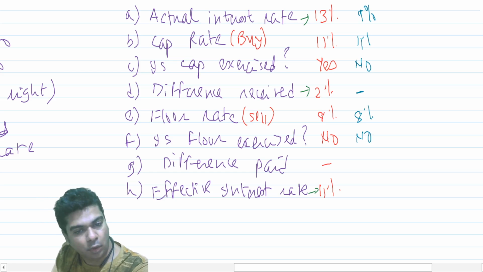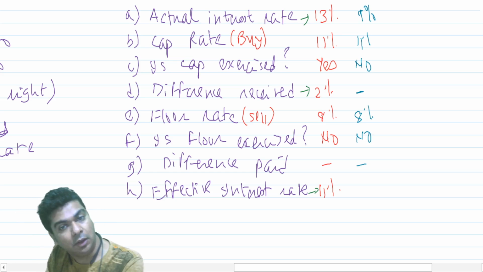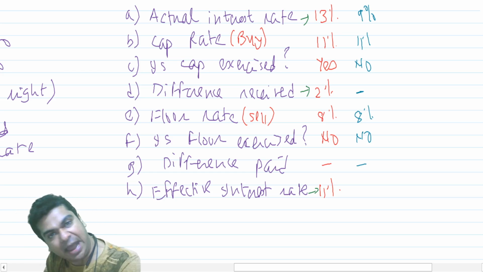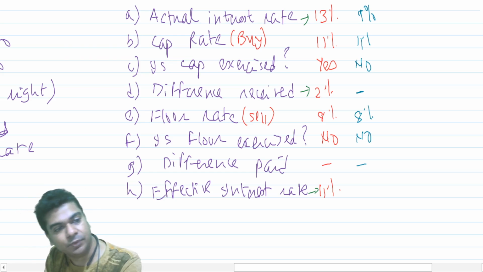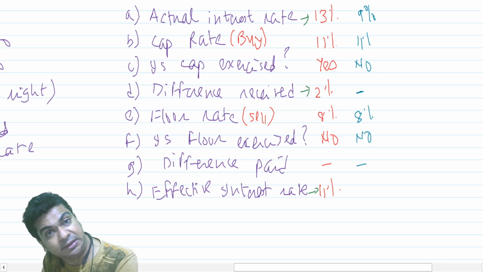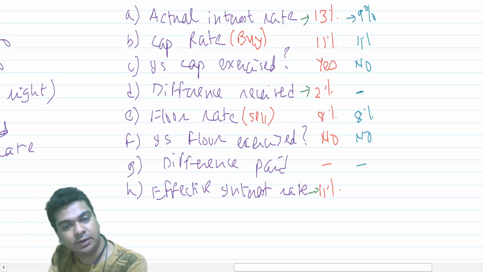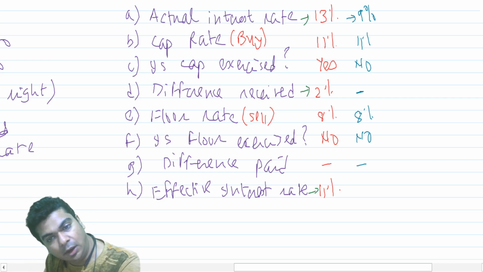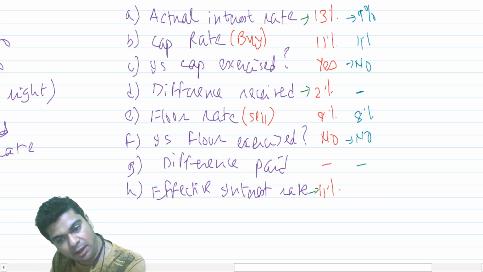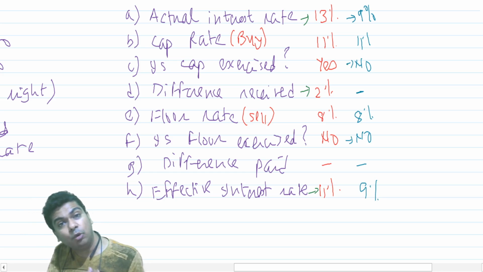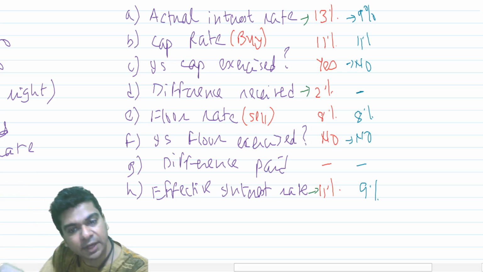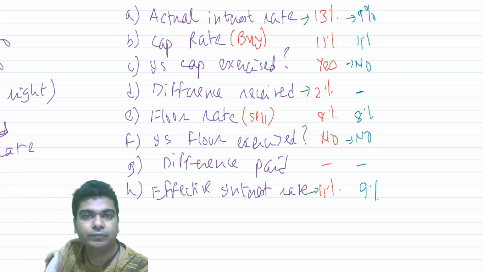The answer is no. Difference paid? Nothing. So what is the effective interest rate this time? You will actually borrow at 9. No difference is going to be received, no difference is going to be paid. In other words, it is turning out to be 9% for us. So our effective interest rate is 9%.